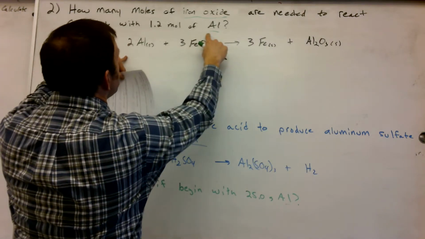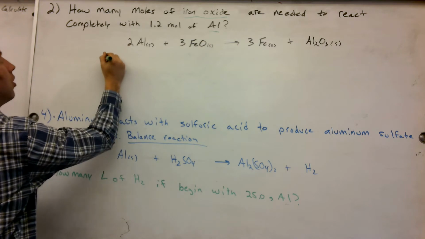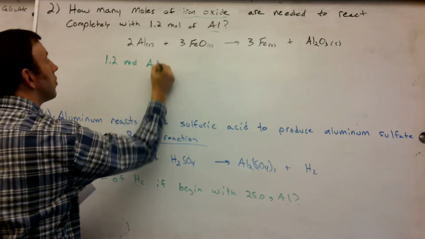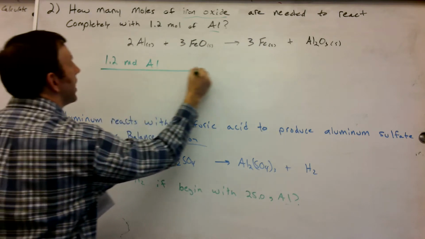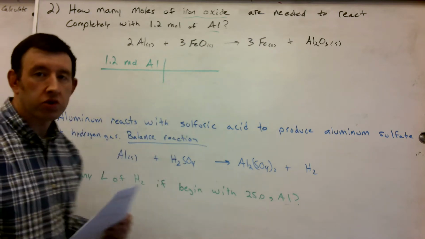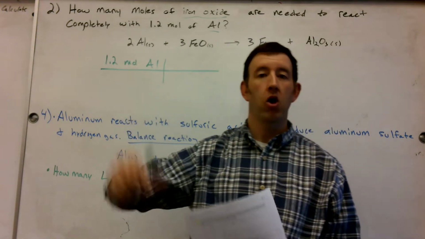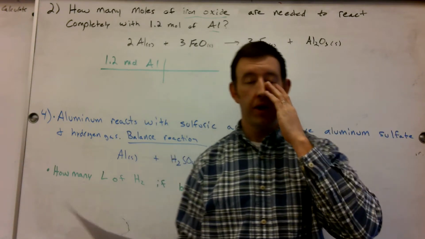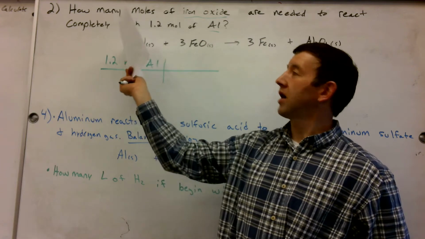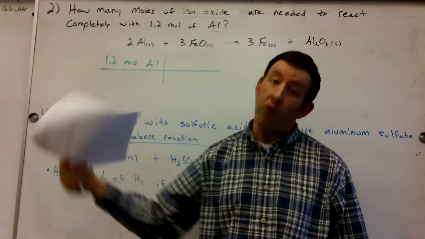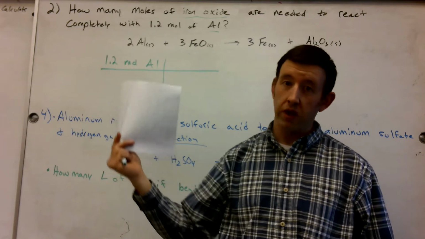So how much aluminum do I actually have? I have 1.2 moles of aluminum. The nice thing about the unit of moles is it allows us to interchange one compound or element to another, because we already have our balanced equation. If you didn't have a balanced equation, of course, you'd have to write it before we could go forward.